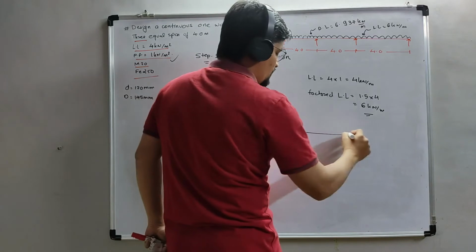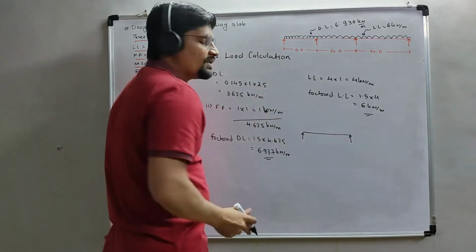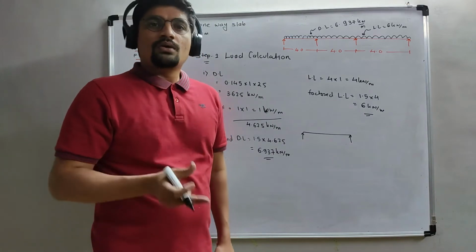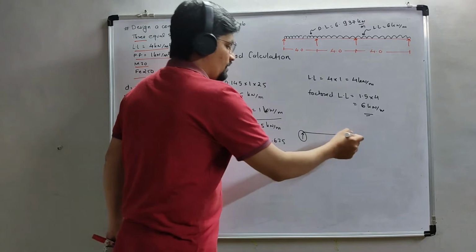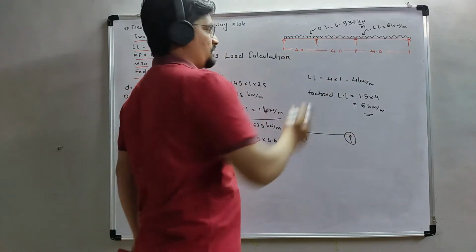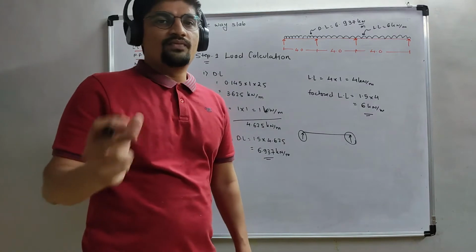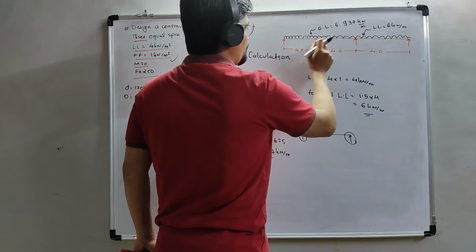Let me explain you. In a simply supported slab, if the support is simple, the moment will not occur on the support portion. But if it is continuous, then this interior support will become fixed. So at that time, the moment will occur on this support.